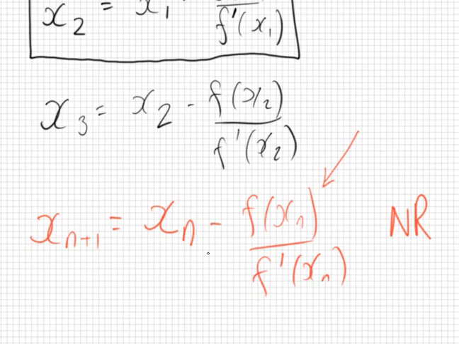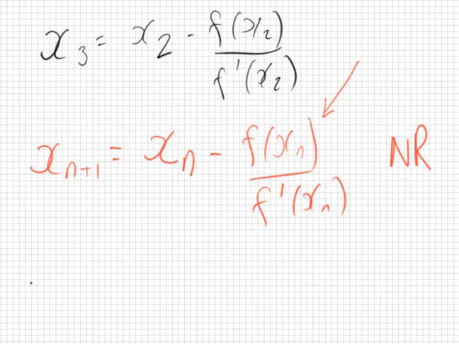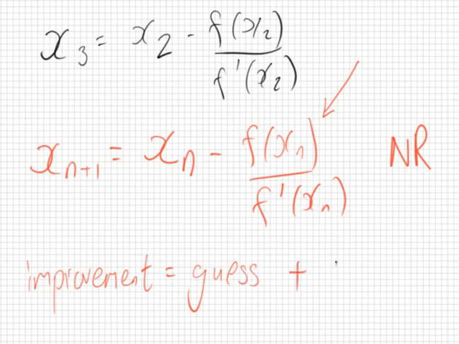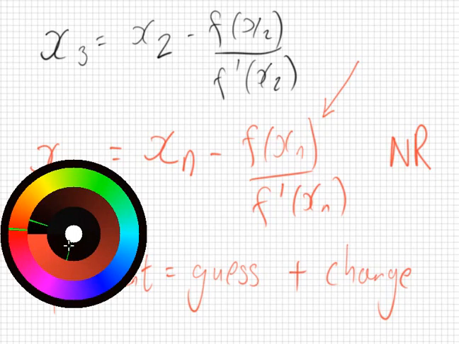So if we want to think about it like this, the improvement is equal to what you guess, and then plus this change thing here. This is the part that's making it change. This is what's getting added on. So this piece here will get smaller and smaller as you get closer and closer. So let's have a look at an example.